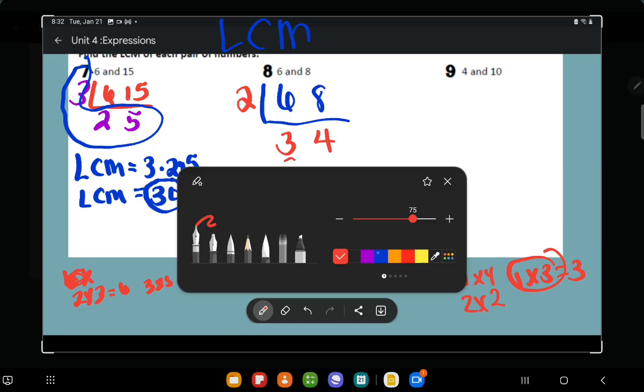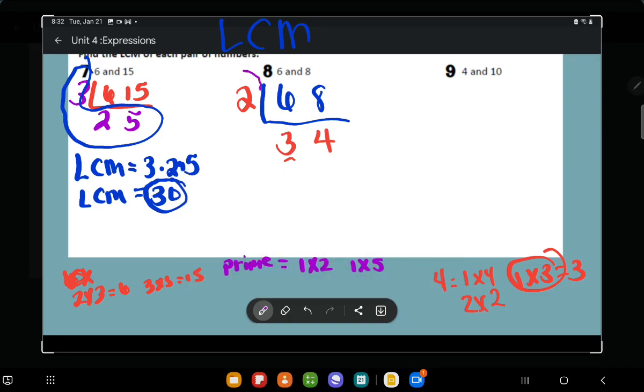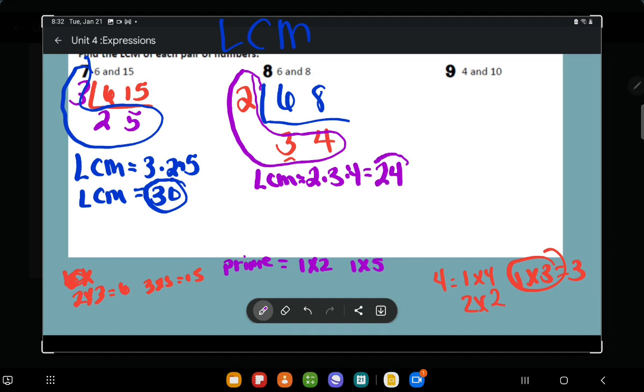To find the least common multiple, I multiply all the numbers around my ladder on the outside, never the inside. The least common multiple would be 2 times 3 times 4. 2 times 3 is 6, times 4 is 24. So the least common multiple would be 24.